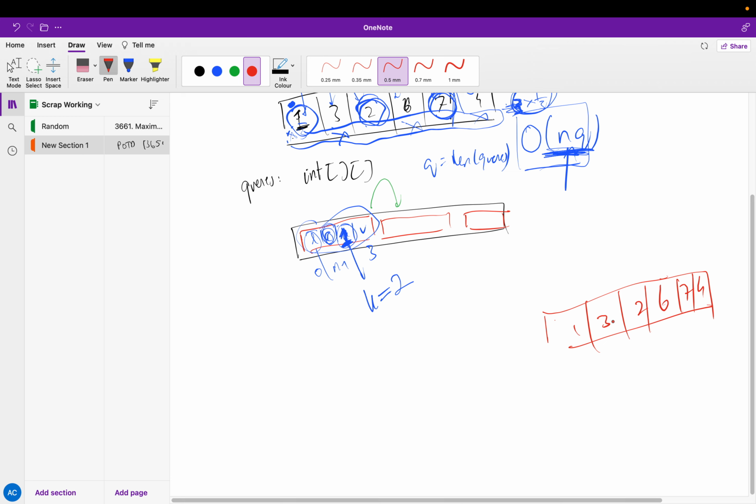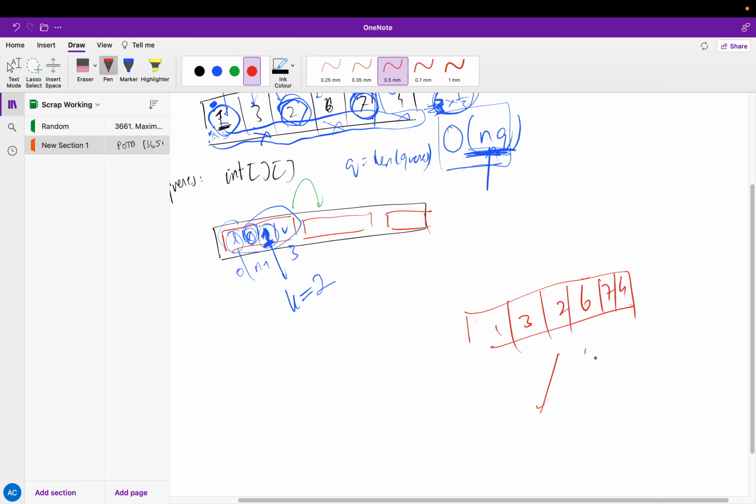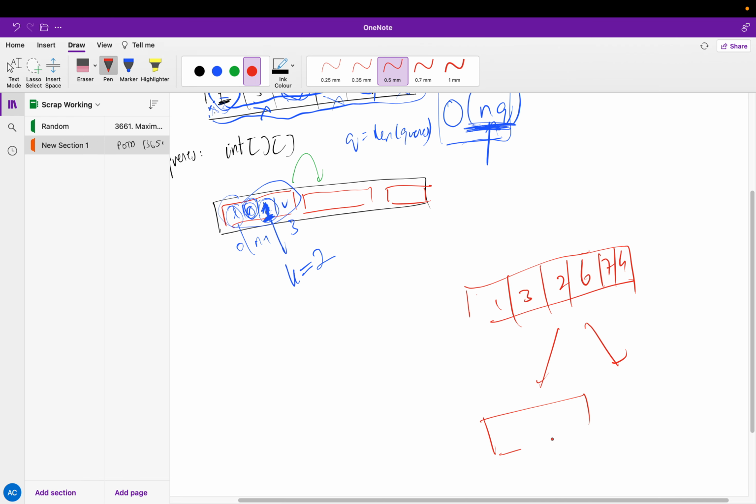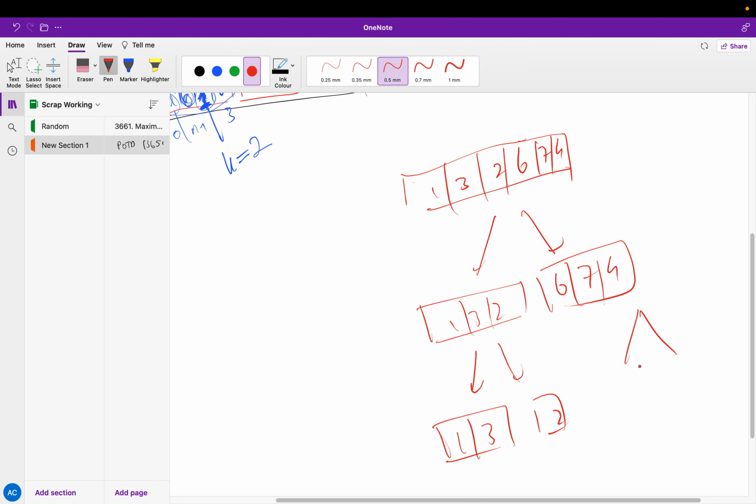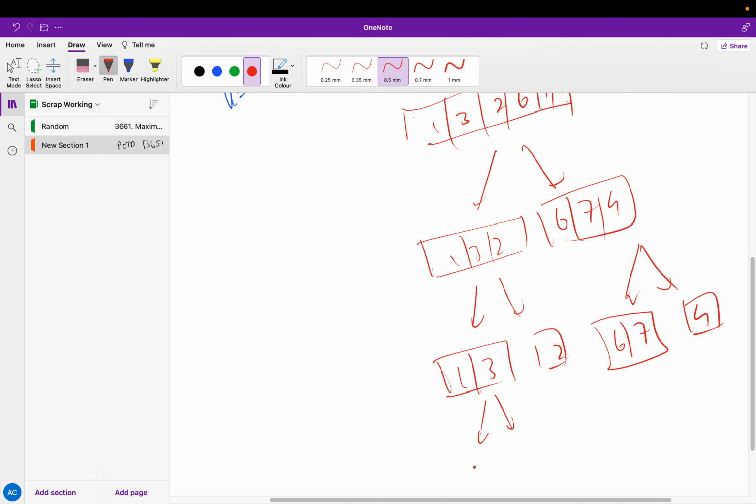But this idea of you have an array as the root node, and then you split it in half, roughly, not exactly, and you do that over and over again so that the leaf nodes are the individual elements of the array.